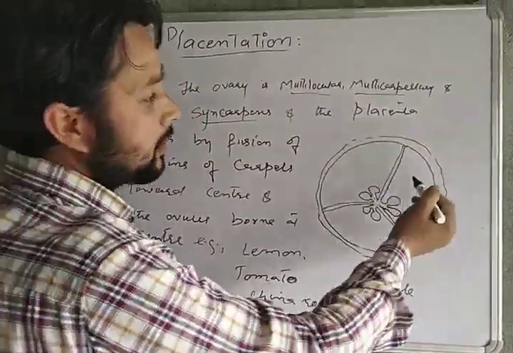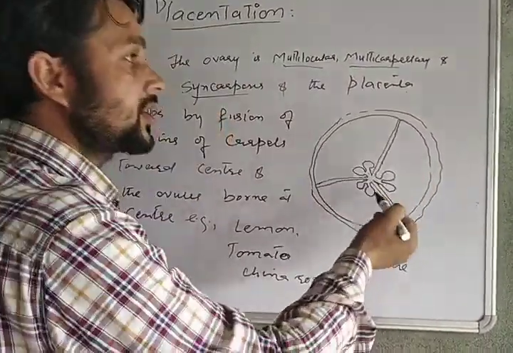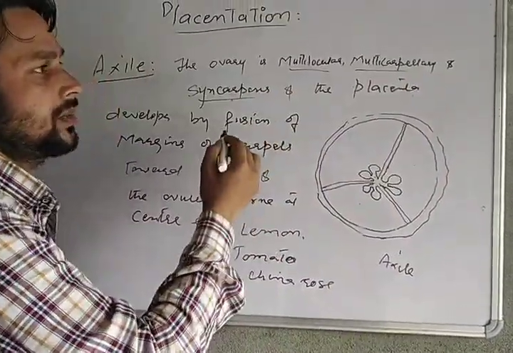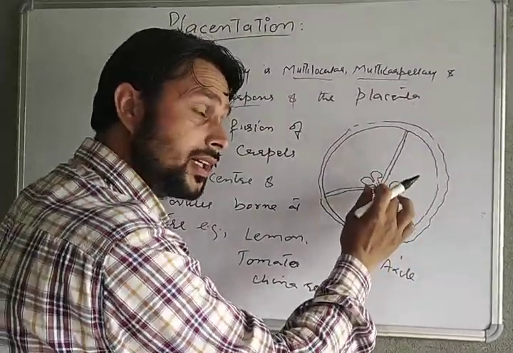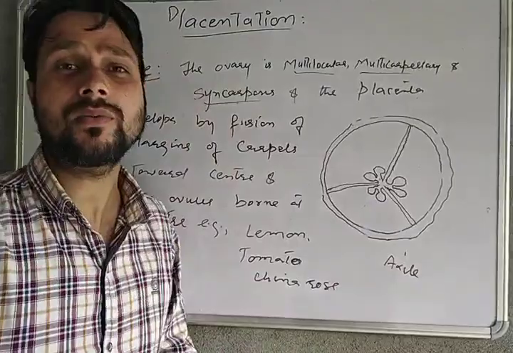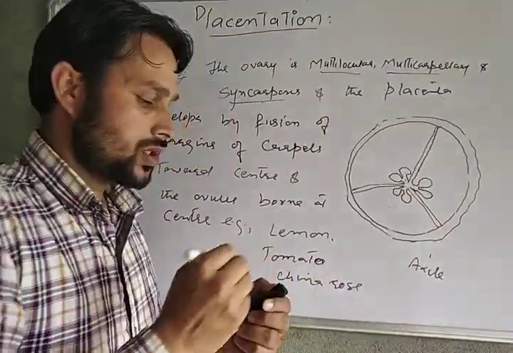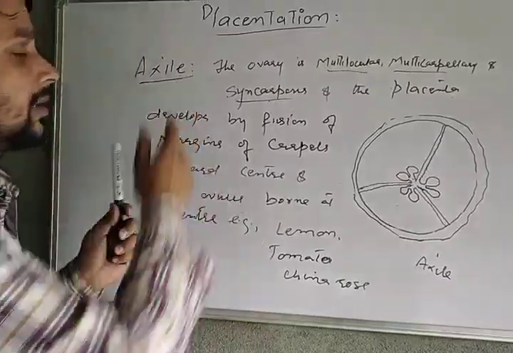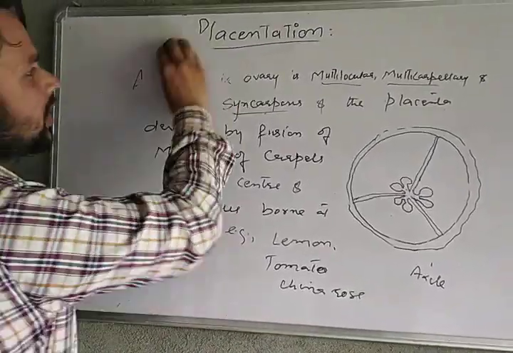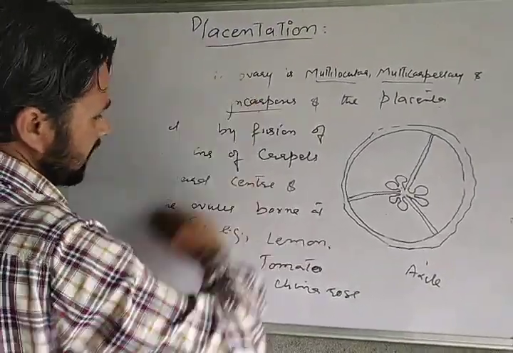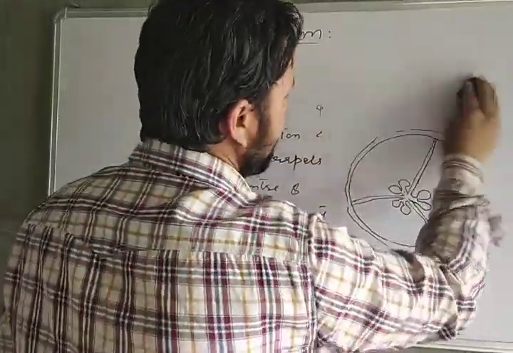This axial type of placentation has multilocular condition with multicarpellary and syncarpous ovary, and the placenta develops at the center by fusion of margins of the carpels, which represents the ovules there. This is axial placentation. Now we will move to the next placentation, that is parietal.